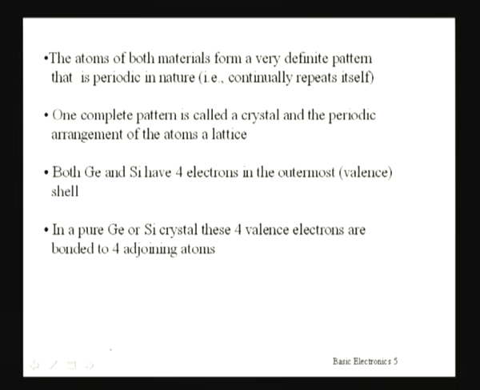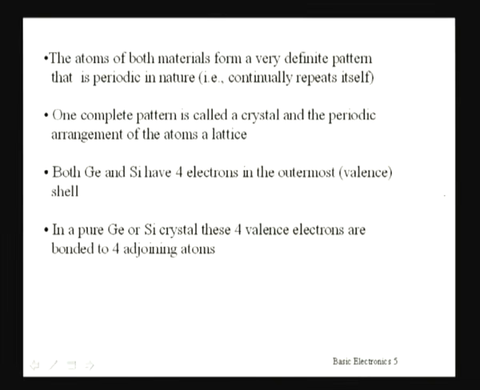So the atoms of these materials, germanium and silicon, have a very definite pattern that is periodic in nature. That is, it continuously repeats itself, and one complete pattern is called a crystal, and the periodic arrangement of the atoms is a lattice. Now both germanium and silicon have 4 electrons in the outermost orbit, which are called valence electrons.